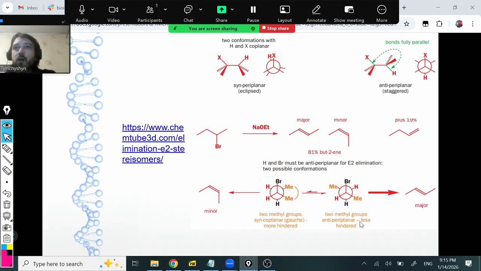So if we are abstracting some hydrogen, it should be on one line with the bromine, and of course we will be more towards less hindered conformation. For example, these are two methyl groups and they don't want to be on the one side of the molecule, so that's why you have major product here and minor products in here.